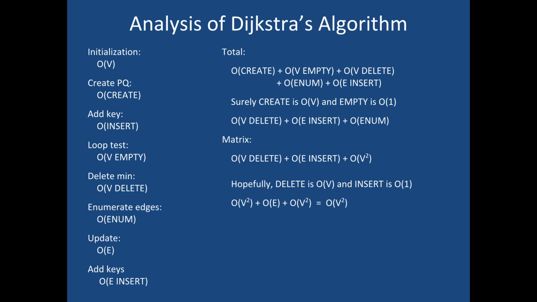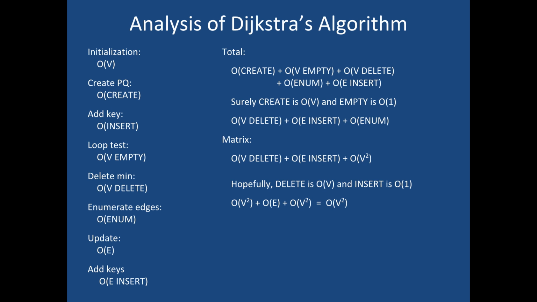Because remember, you do a delete min, you take the thing out of the root, and then you have to do a logarithmic operation to bubble up or bubble down in that case. And so what would happen if we used a binary heap to represent the priority queue here? What would the complexity of this end up being?